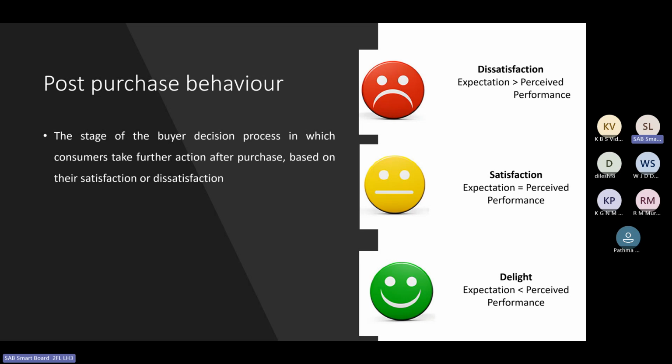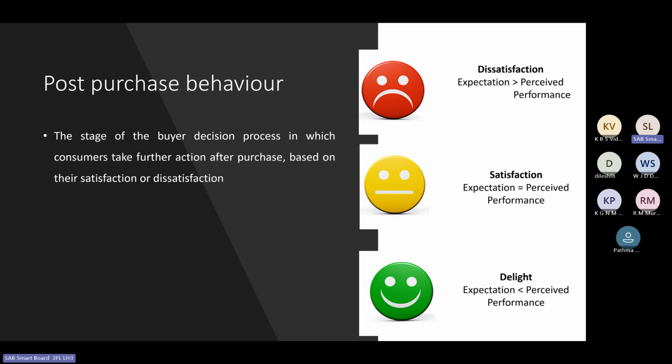If the product's actual performance is greater than our expectations, we are delighted. If it is equal to our expectations, we are satisfied. If it is lesser than our expectations, we get dissatisfied.